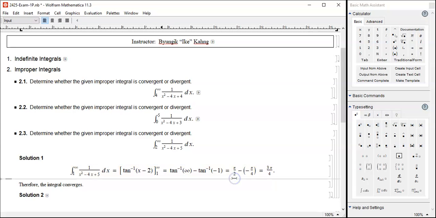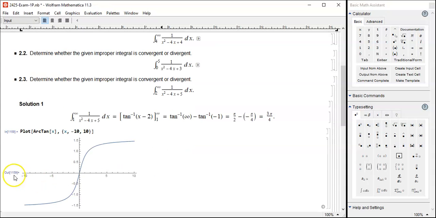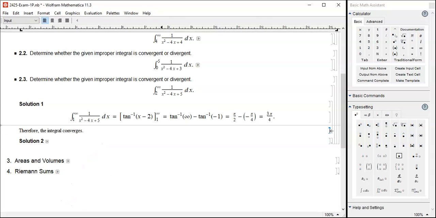Or maybe it's better this way. Yeah, maybe it's easier this way. If you plot out the tangent function, you have horizontal asymptotes forming here and there. This is pi over 2 and that's negative pi over 2. Yeah, it's easier this way.